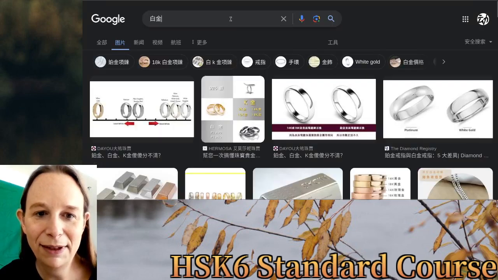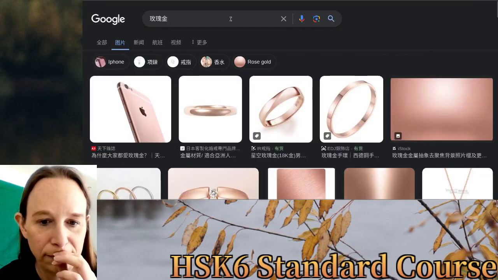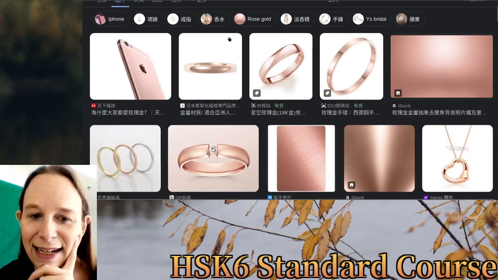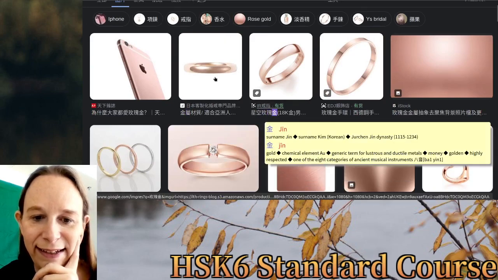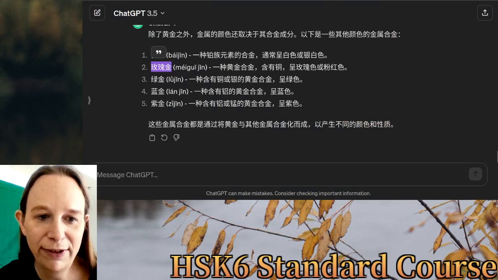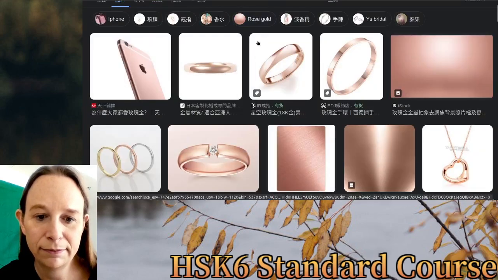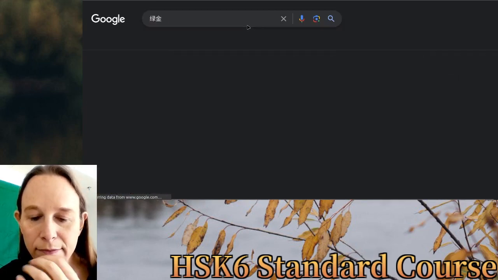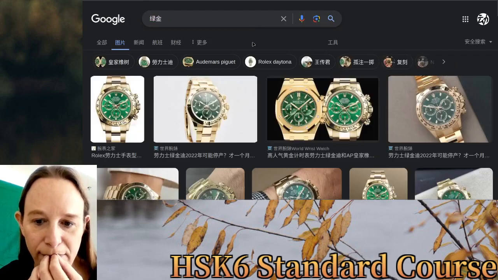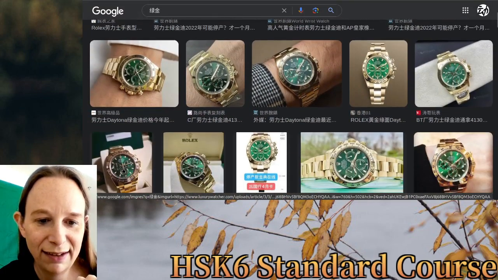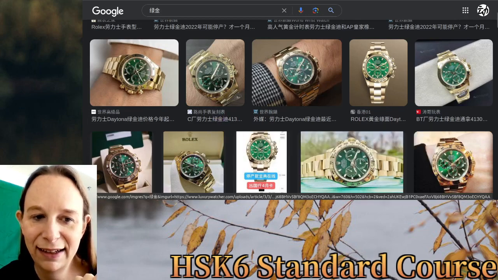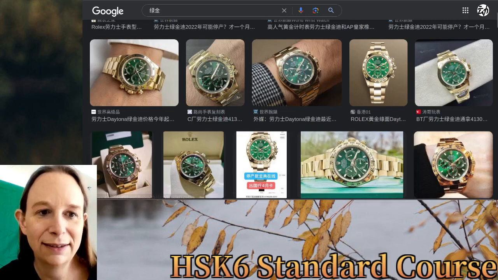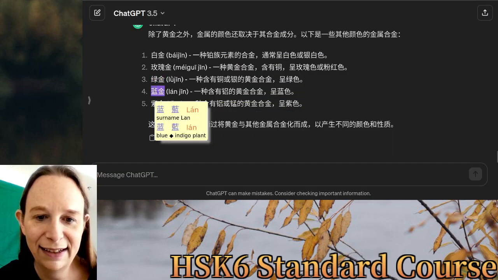玫瑰金, rose gold. 绿金, green gold. Okay, let's see, what's rose gold? Oh, okay, so it's a color. 玫瑰金. What is green gold? That is green gold. 绿金. It's just green and gold, right? 蓝金.